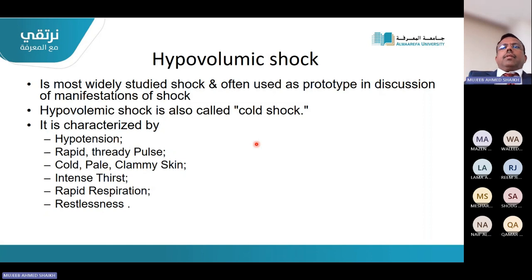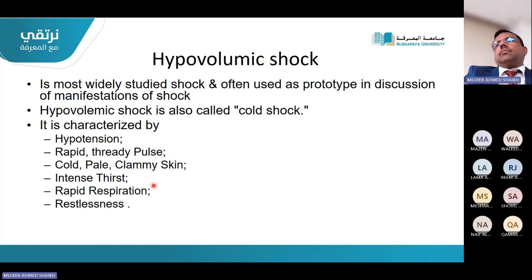Normal lactate level is less than 1.5. If it becomes more than 2 milliequivalent per liter, then it is a definitive diagnosis that the person is suffering from shock, or maybe hypoxia. That's why the person is shifted to anaerobic glycolysis.